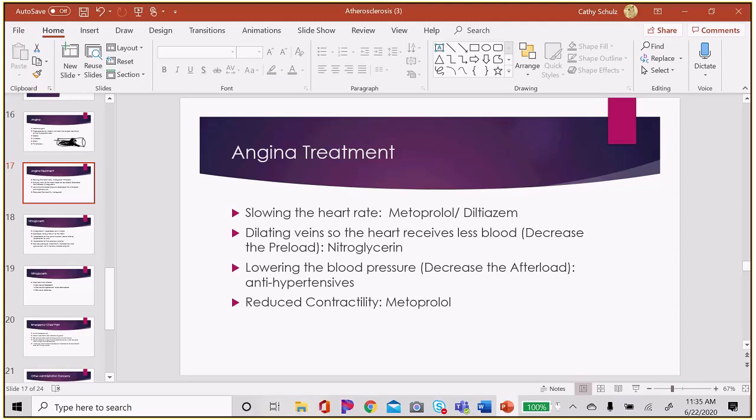So just like when we talked about heart failure, we talked about preload, afterload, and contractility. Since those factors determine work of the heart, those are the same things that we will try to target when we're trying to target angina or MI in terms of medications.